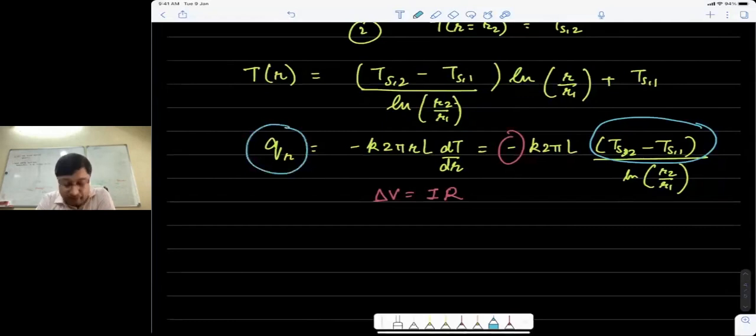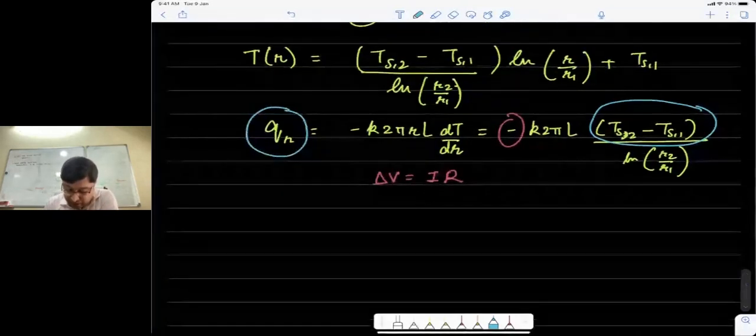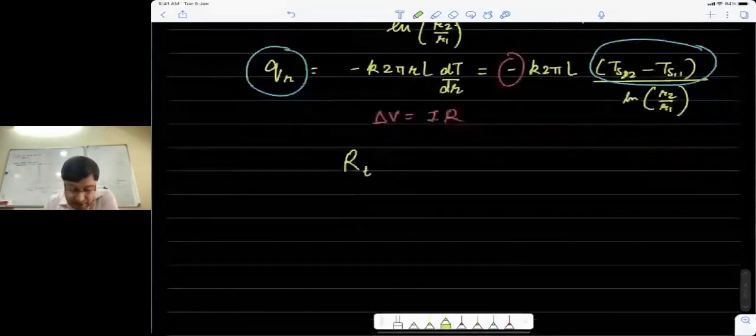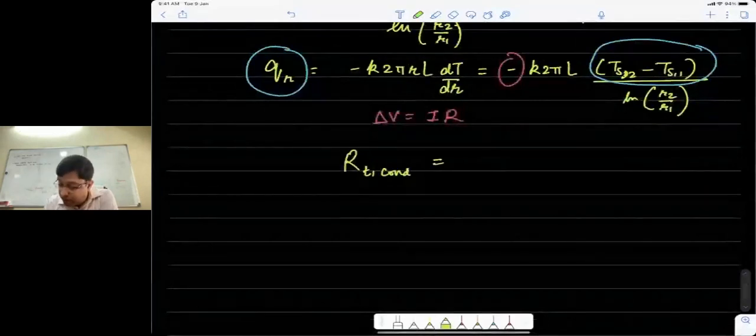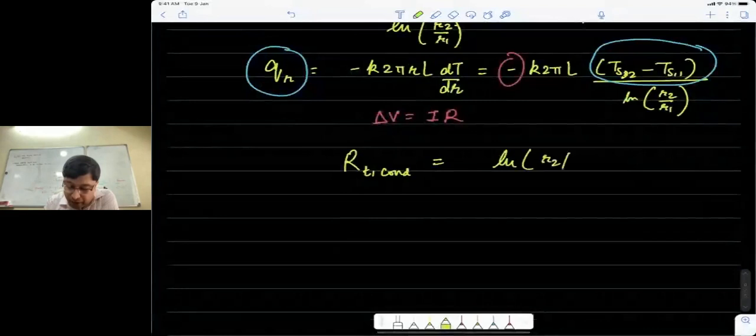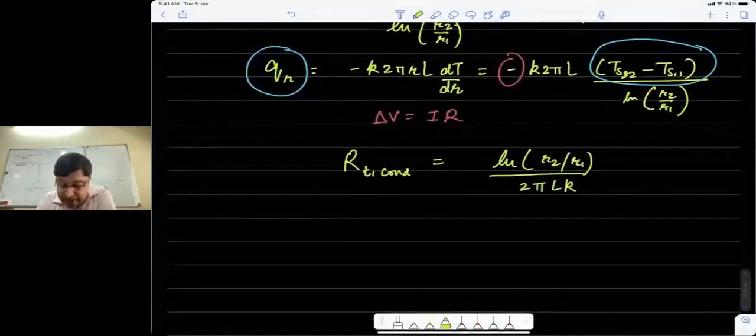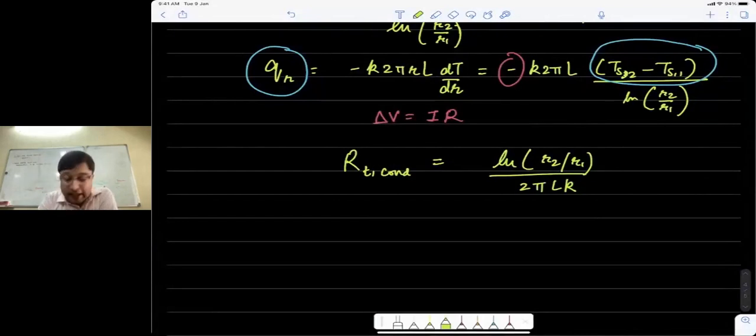So I can use this to write the equation for conduction resistance in a cylinder. This will come out to be log of R2 by R1 divided by 2 pi L k. Note that resistance is a positive number, so I'm refraining from writing a negative quantity, because the negative sign is just for us to say whether the current flows this way or that way. It does not mean that the resistance becomes negative. So that is the conduction resistance in a cylinder.